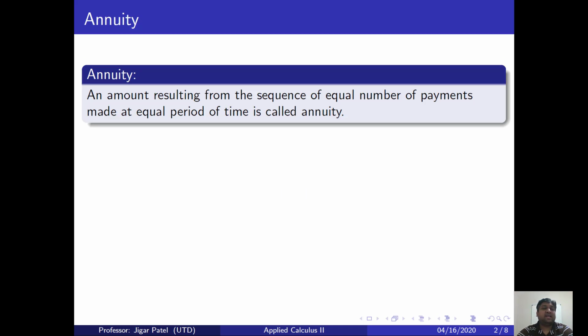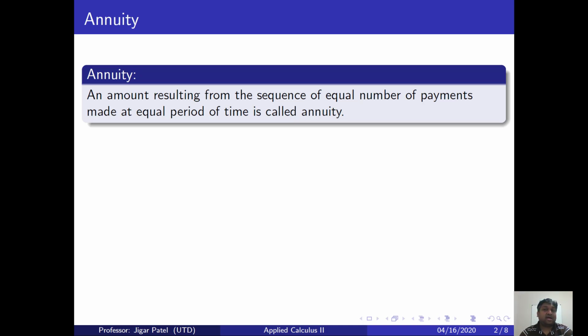Annuity is an amount resulting from a sequence of equal payments made at equal periods of time. So annuity is a number that you obtain by adding equal payments made at equal periods of time. If you sum all these amounts, the resulting number is called annuity.